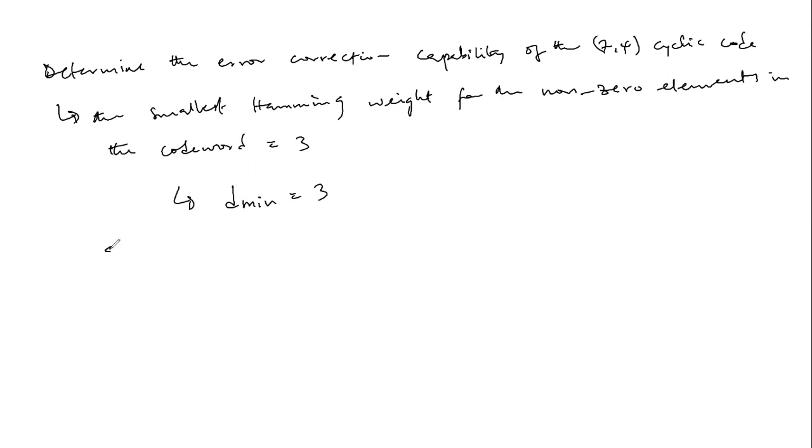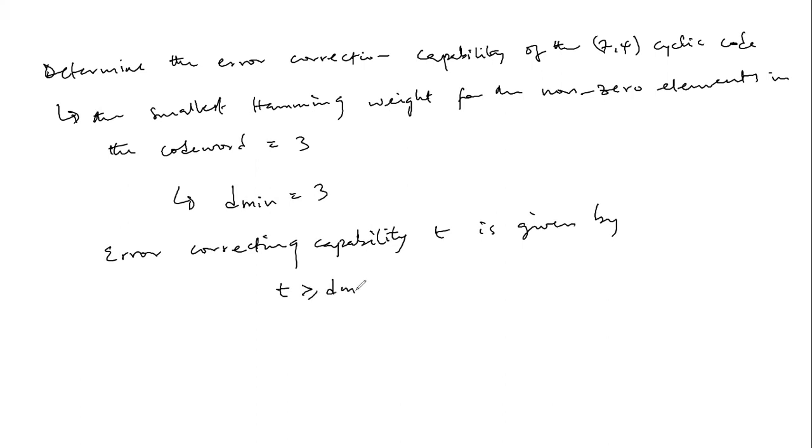But the error correcting capability t is given by t is greater or equal to (d min minus 1) divided by 2. d min is 3, minus 1, divided by 2, is equal to 2 divided by 2, which is equal to 1.